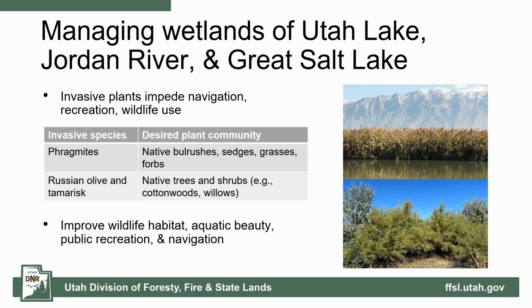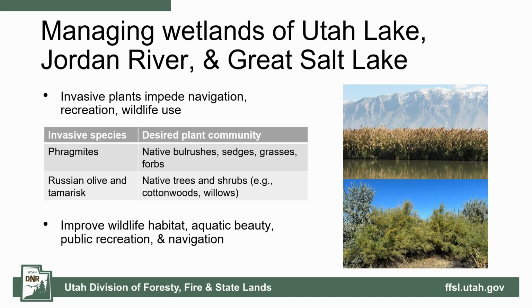So what we're after in these wetlands are to control these invasive species and then restore a diverse mosaic of native plant communities. And we know that even if we use an integrated approach to control these 3 species, the native plant communities that we want won't recover as quickly as we want them to.